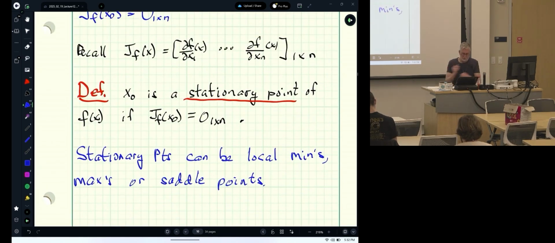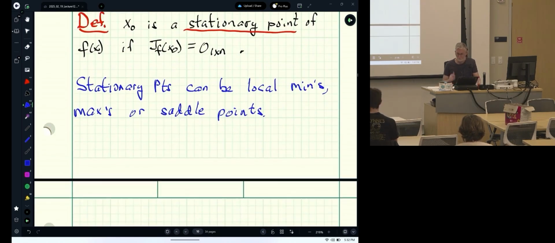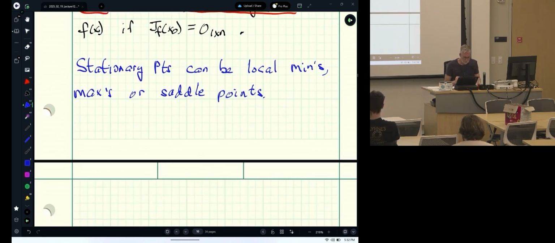So we're going to be trying to find stationary points that correspond to local minima. And why are they called stationary points? Here's the intuition.